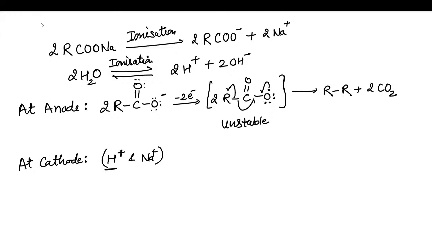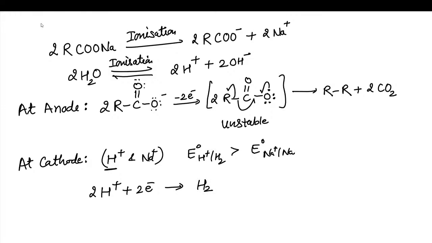The E naught value of H plus is higher than that of Na plus. Reduction potential of sodium is negative and standard reduction potential of hydrogen is 0. So the electrode potential of H plus is higher than that of Na plus. That's why H plus ion is discharged to produce hydrogen gas. 2H plus ions will gain those 2 electrons which are lost at the anode and we get H2.